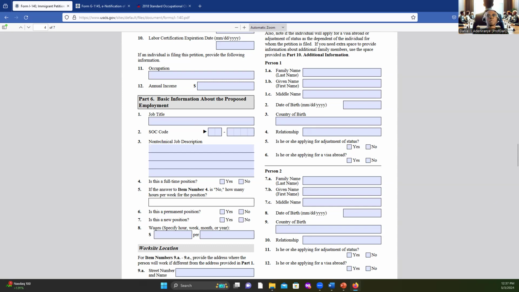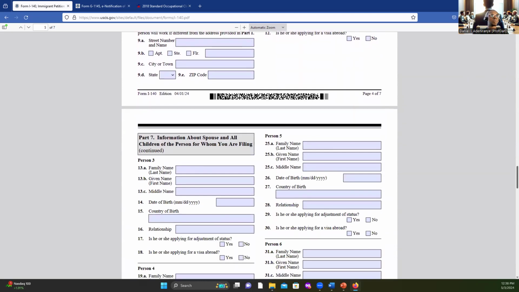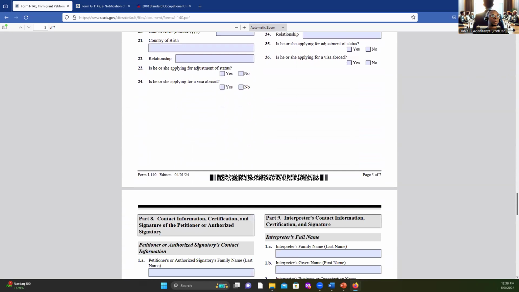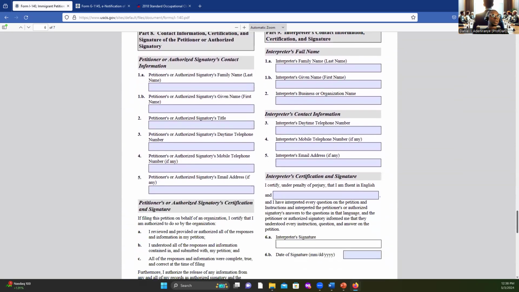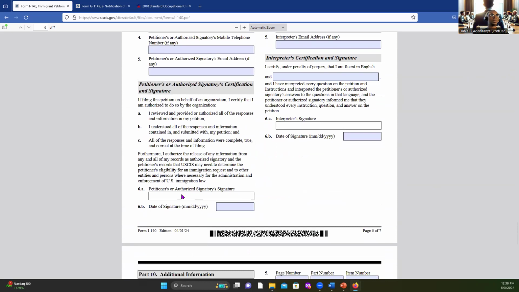And I think the last thing on this form I-140 that has recently caused people's applications to be rejected is Part 8. So let's look at Part 8, which is about signature. Part 8 on page 6 of 7, question 6A and 6B.